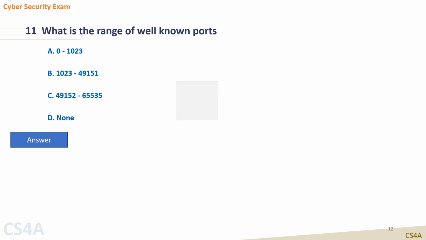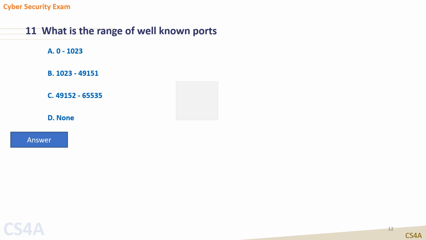So here the question is: what is the range of well-known ports? Okay, what are well-known ports? Well-known ports are the ports that by default the TCP communication system uses for application protocols like FTP, Telnet, SSH. These are well-known protocols.